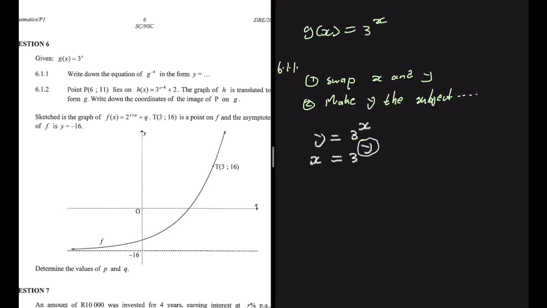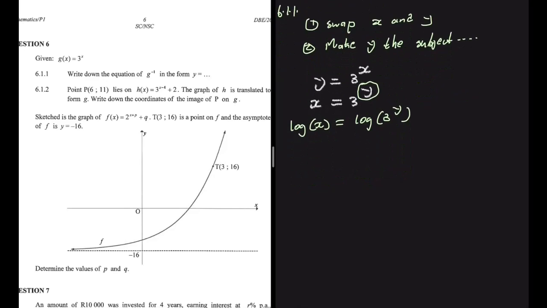We need to bring it down by introducing log on both sides. So if we do that, we're going to have log of x being equals to log of 3 to the power y. If you introduce log, you can take down the exponent, right? So we're gonna have log of x being equals to y log of 3, right? It's easy to see now what we are going to do.